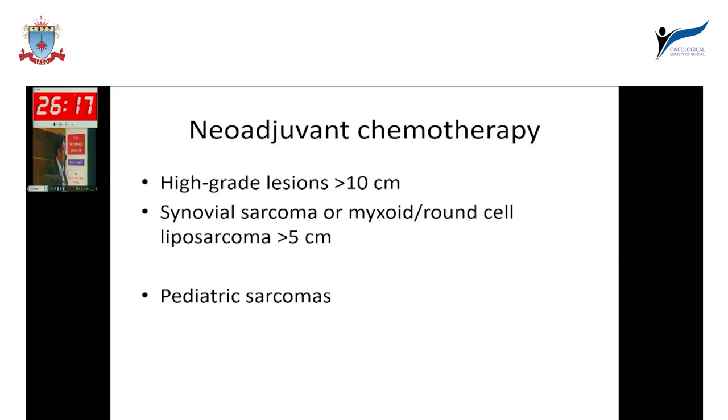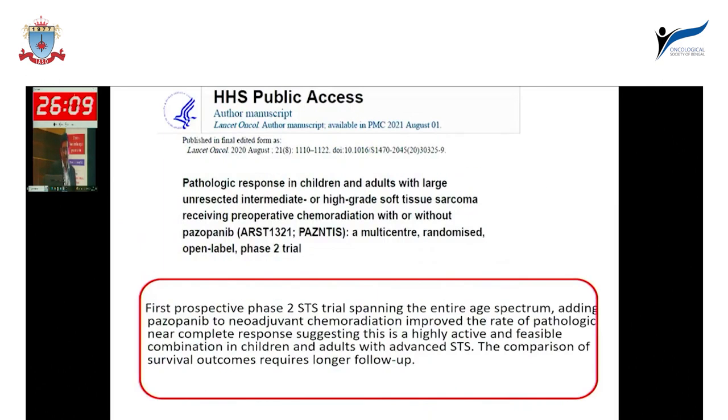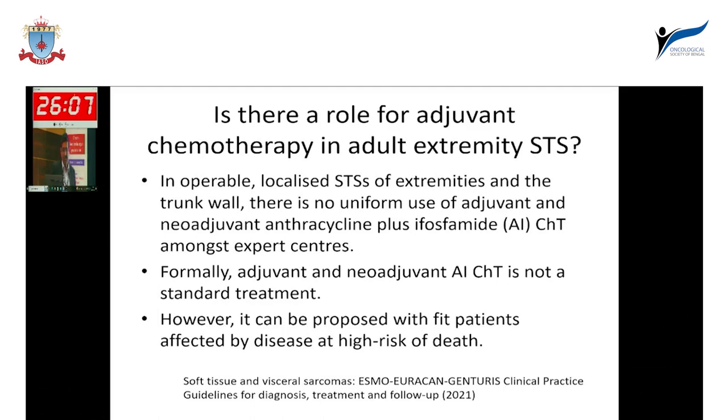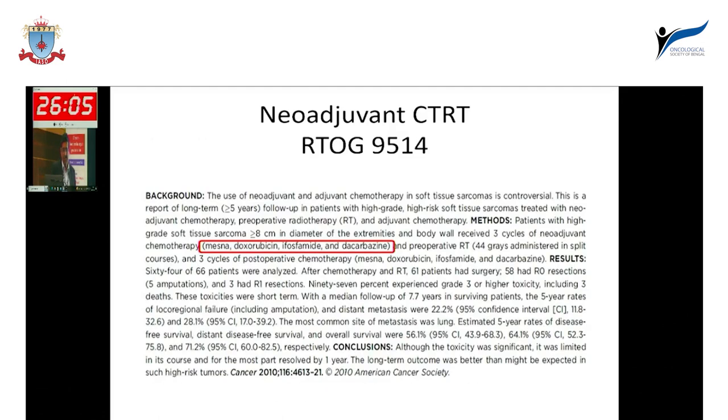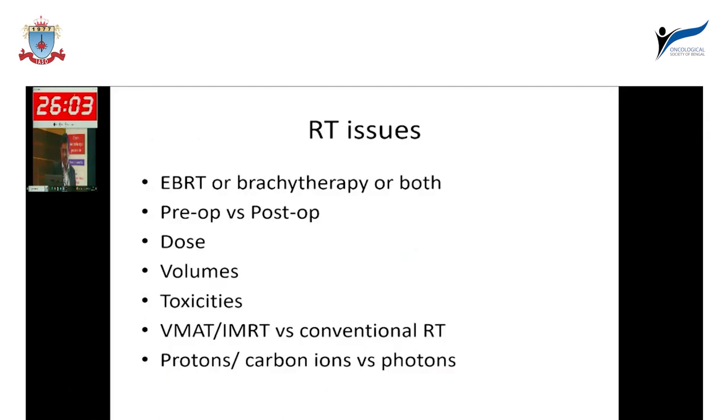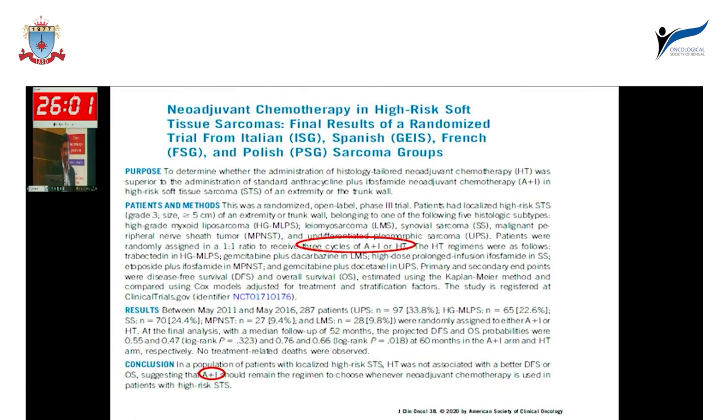And do you have any take on choice of agents? There are a lot of trials of histology-directed chemotherapy versus ifosfamide and adriamycin, but ifosfamide and adriamycin still is the choice. From the trials we have, the histology-based therapy doesn't hold over ifosfamide and adriamycin.